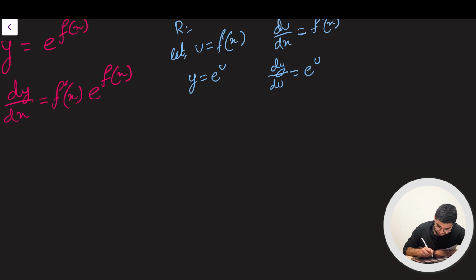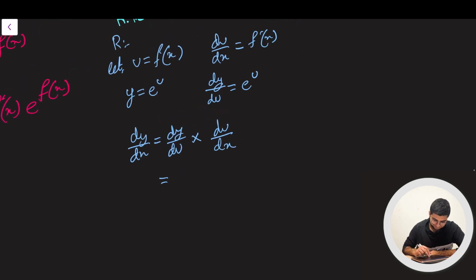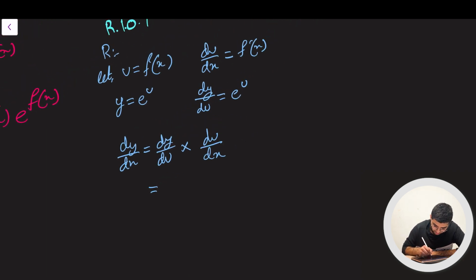And now dy on dx is equal to dy on du times du on dx, which then gives us the result that we're looking for: e to the u times f dash of x.